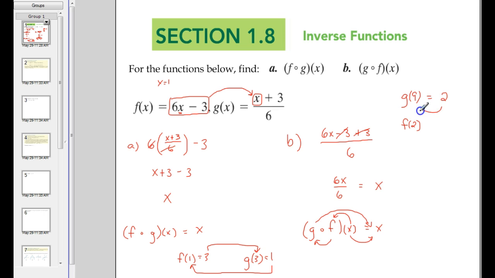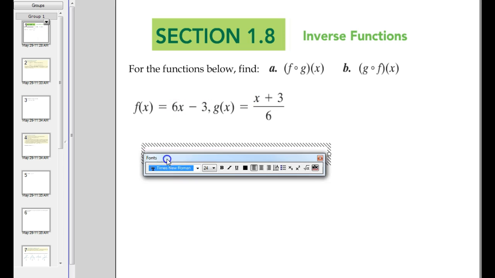So I take the output of g and I plug it into f, and I get 6 times 2 is 12. 12 minus 3 is 9. And again, I get right back to what I started with originally. So they undo each other. They take away the operations that the other one does to the input.